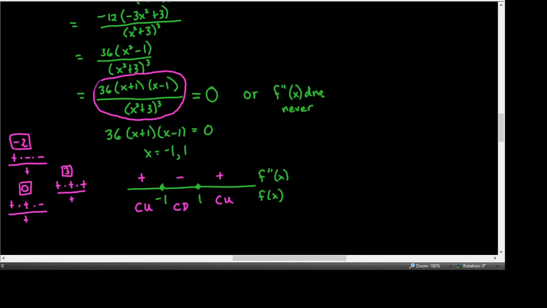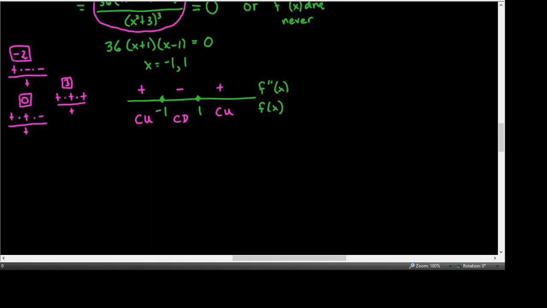Okay, so I've said the answer. We now need to write it down. It's all right there in the second derivative number line analysis. We just need to convert that to words. So f is concave upward on the interval from negative infinity to negative 1, as well as, so union, from 1 to infinity.